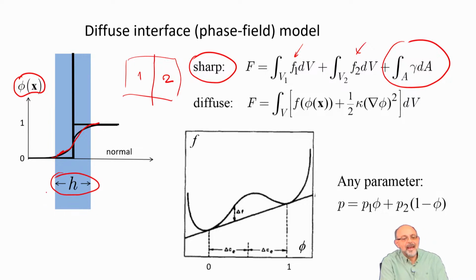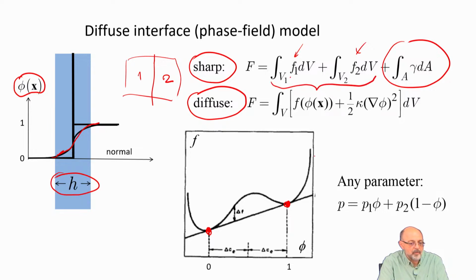And then I can pretend that this is all one domain. I have no more surfaces in this domain. It's all volume. And I can write my energy as f of phi, where f takes the value for the left domain when phi is 0, and the value for the right domain when phi is 1. So that takes care of those two integrals, approximately.